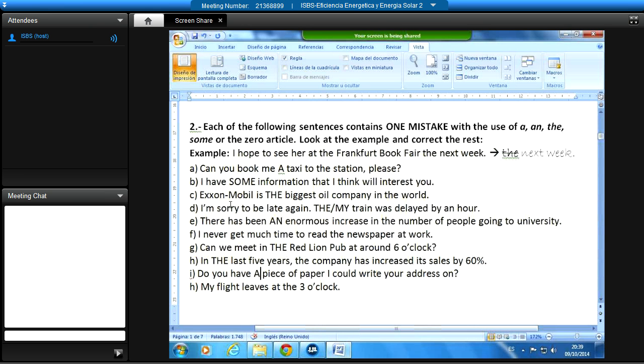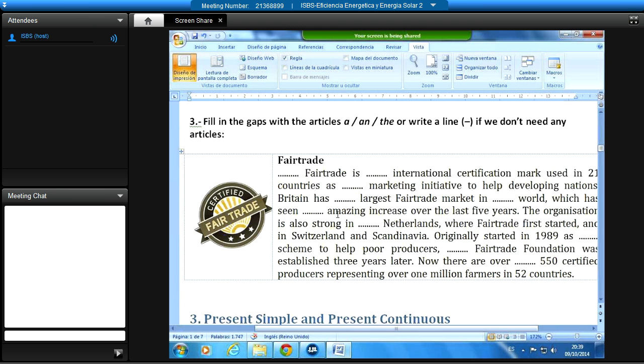And finally, "My flight leaves at 3 o'clock." At 3 o'clock, so without any article. So we have to take out this "at." Any questions about this? Did you find it okay? Good. So now we have here another one, but well, what's the time?